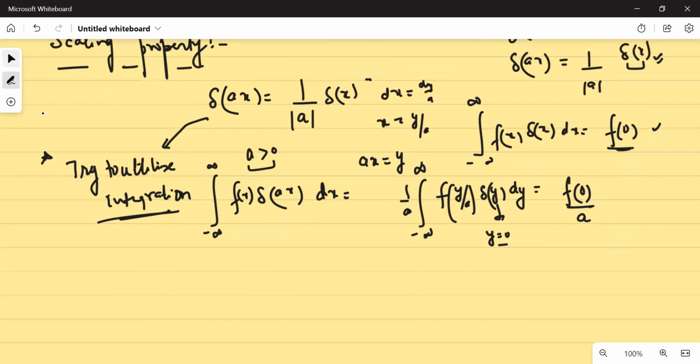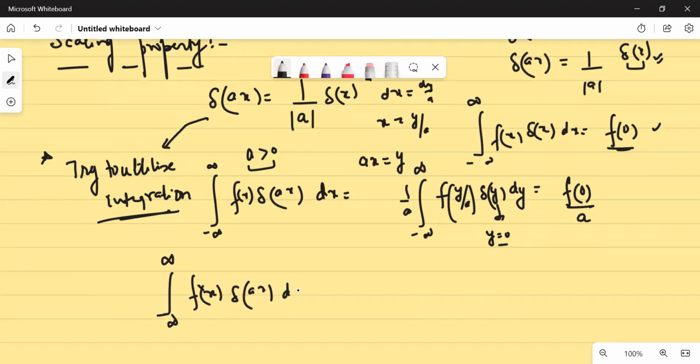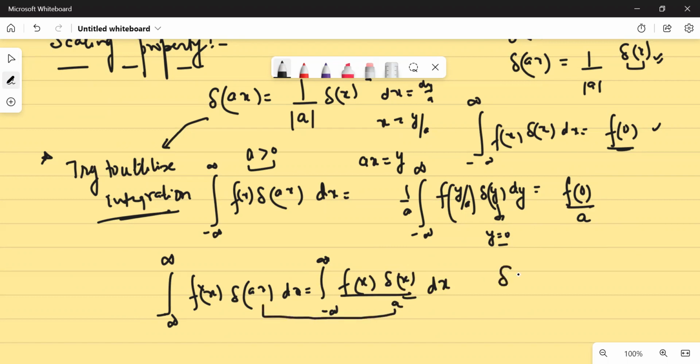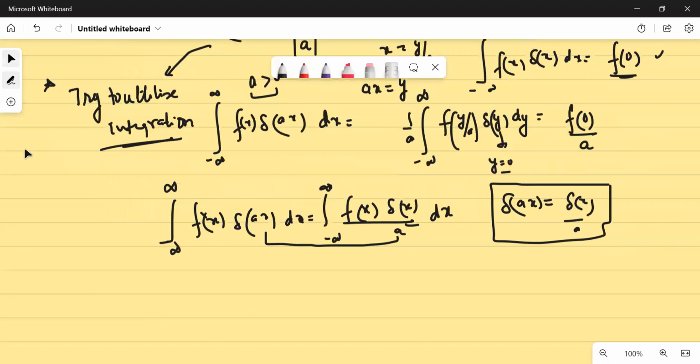And f0 you can again write in this particular way: the integral from minus infinity to infinity of f of x Dirac ax dx can be written as the integral from minus infinity to infinity of f of x times Dirac of x divided by a. So you can compare these two things, and after comparing you will write Dirac of ax equals Dirac of x divided by a. Similarly, this step can be written for a less than 0 also.